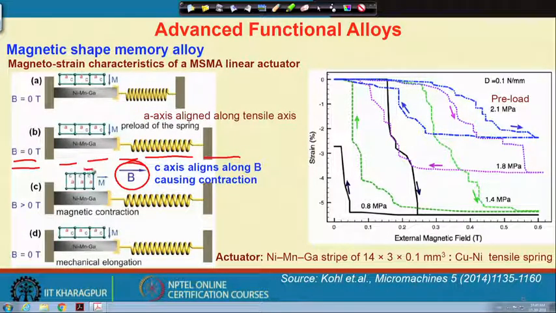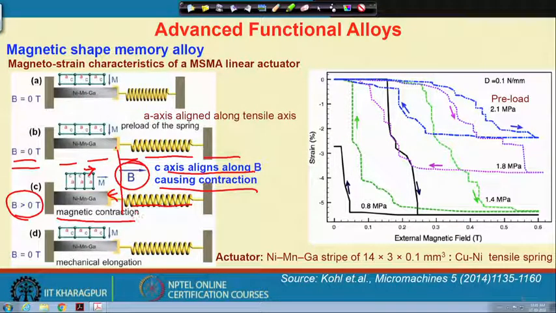So, C is the axis which should be aligned with that B, and so when the applied field is greater than 0, then there is a magnetic contraction, because the C axis is the smallest axis and this position goes back. Now, I have a much longer tensile spring. So, the load also has increased because of the application of the magnetic field. So, the C axis aligns along B, causing a contraction.